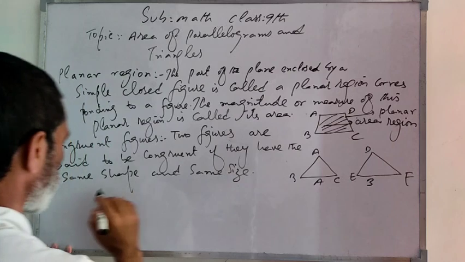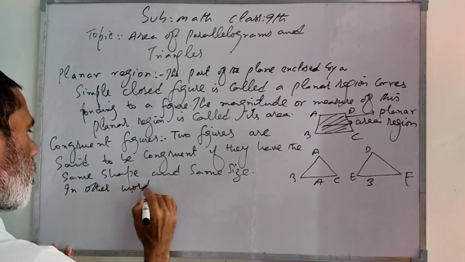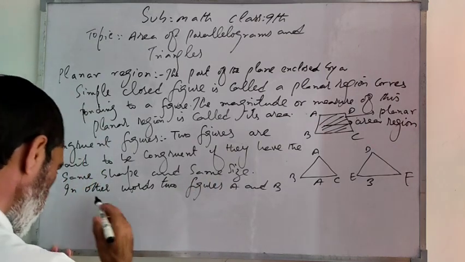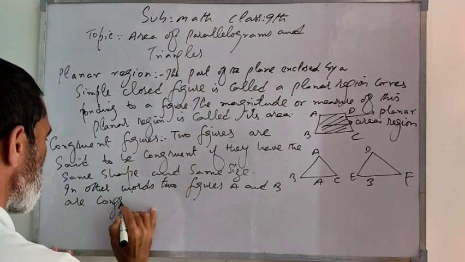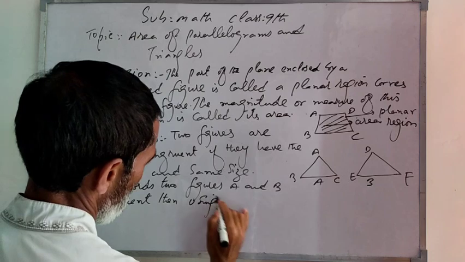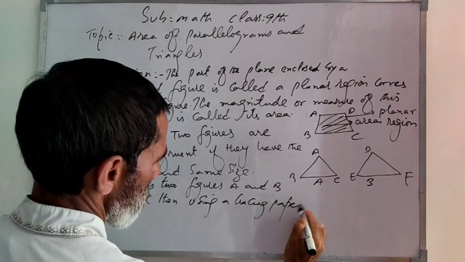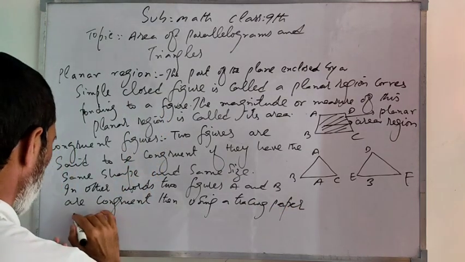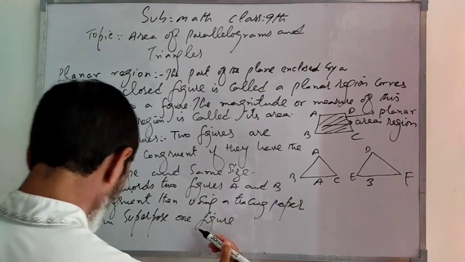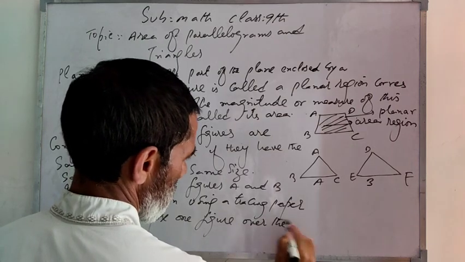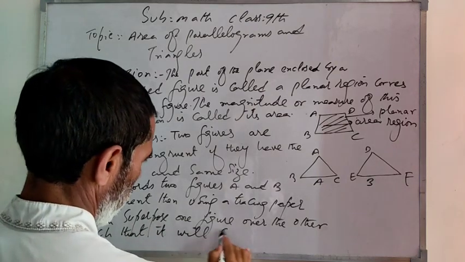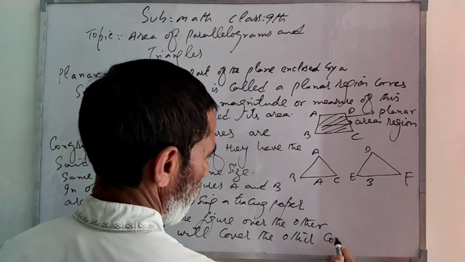In other words, if two figures A and B are congruent, then using a tracing paper you can superpose one figure over the other such that it will cover the other completely.